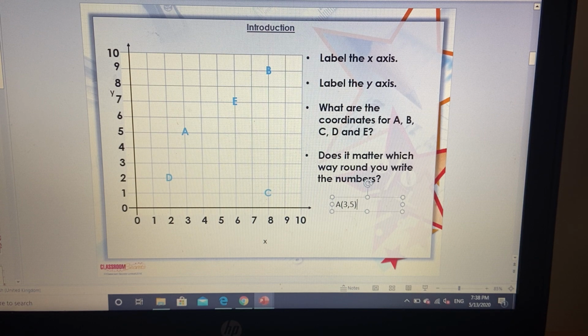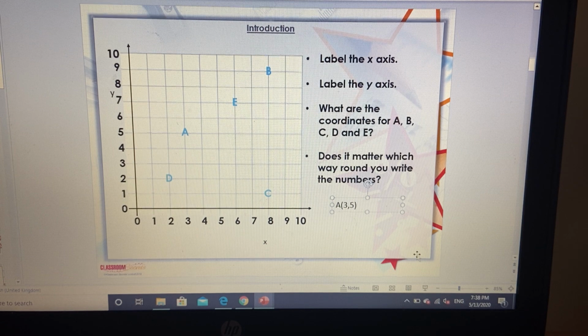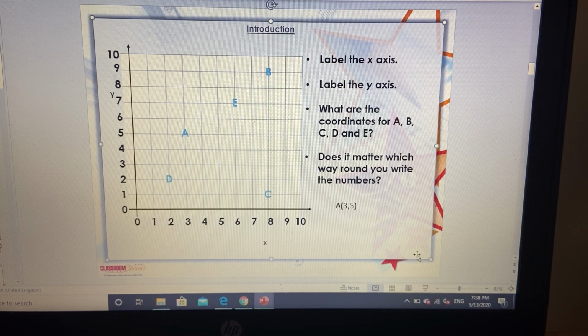And doesn't matter which way around that we write the numbers? Well, actually, it really does matter, because if you start with the y-axis, then your coordinates wouldn't work. And coordinates are really important because we use them for a lot of things. We use them a lot in geography, for map reading and things like that.